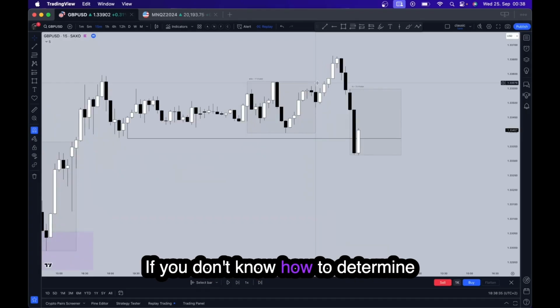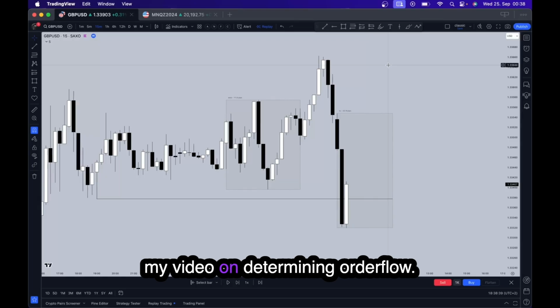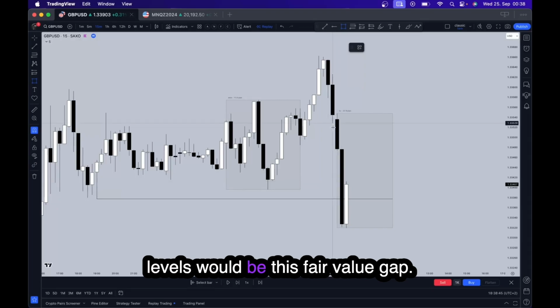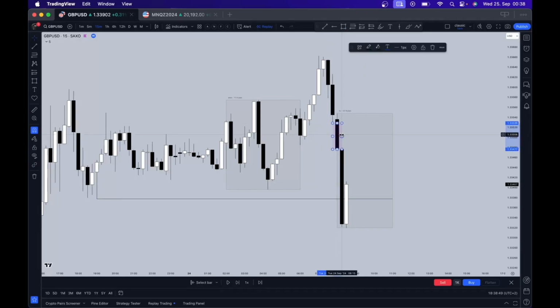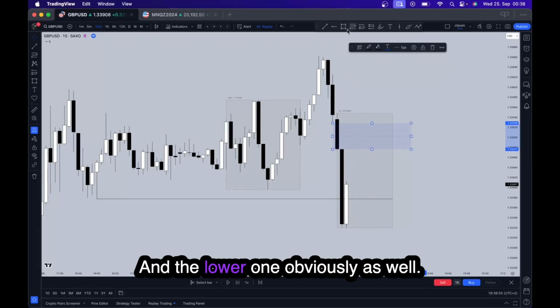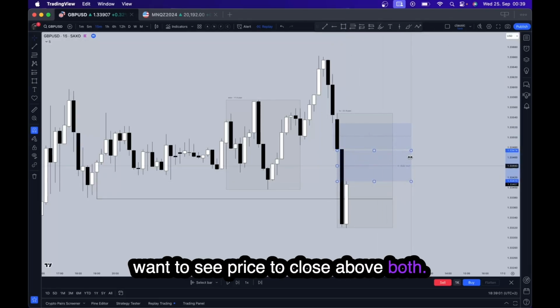If you don't know how to determine a change in order flow, then watch my video on determining order flow. In this case, the change in order flow levels would be this fair value gap, and the lower one obviously as well. So those two bearish value gaps, I want to see price close above both.